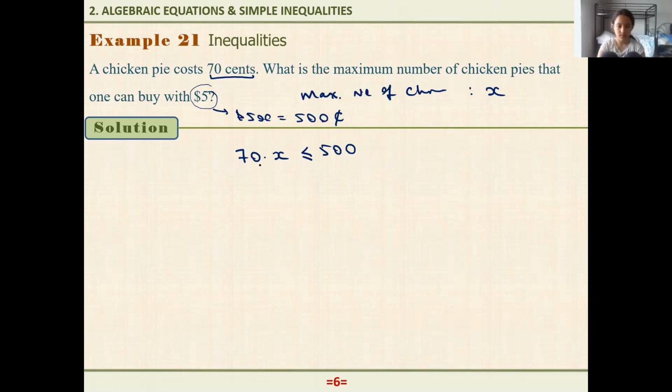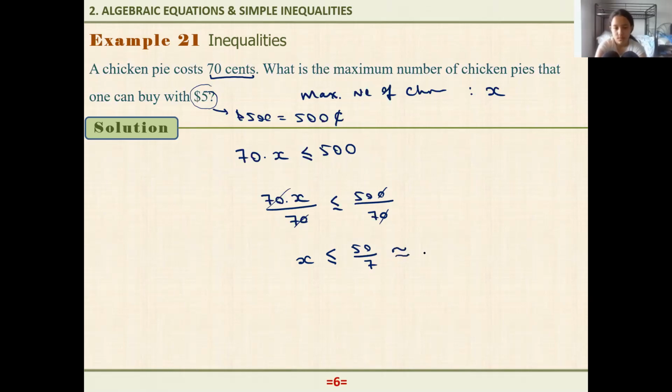Now divide both sides by 70. We have 70 times X over 70 less than or equal to 500 over 70, right? These two things cancel each other. Here we have X less than or equal to 50 over 7.